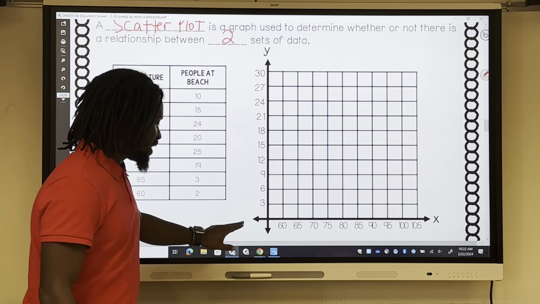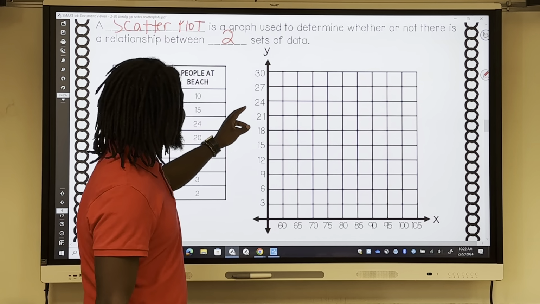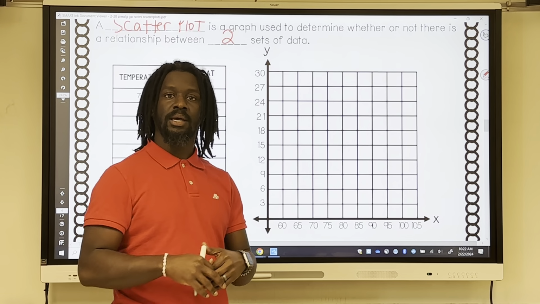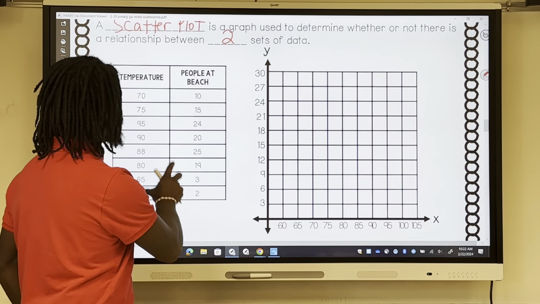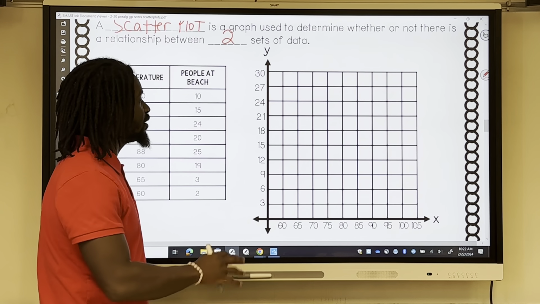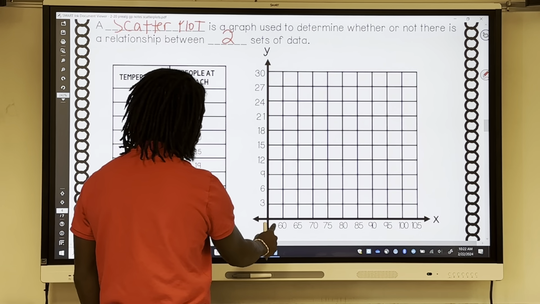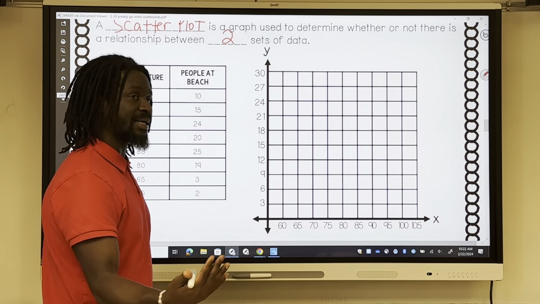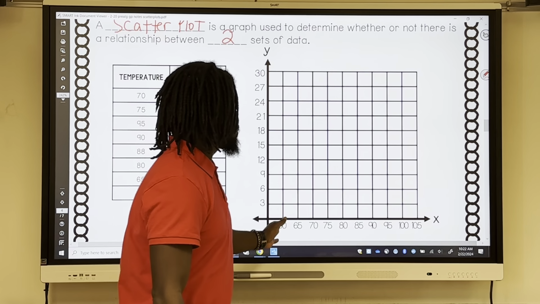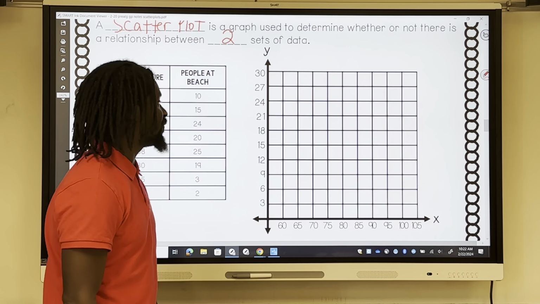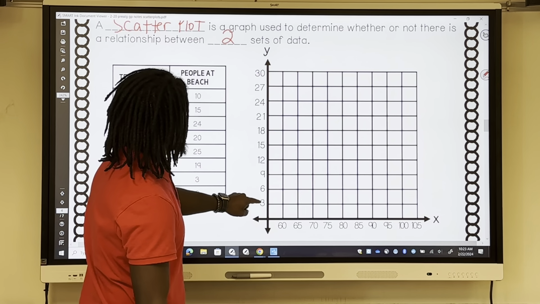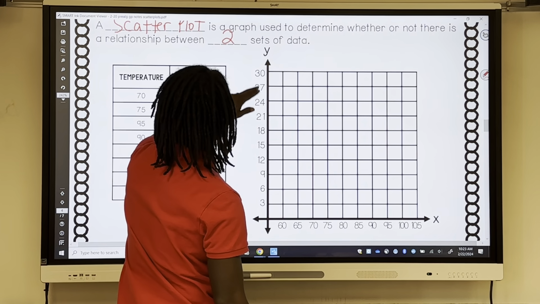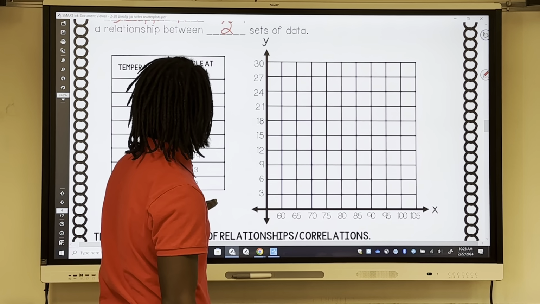And so, if you will, go ahead and label your axes on your coordinate plane because we are going to be graphing the scatter plot on the coordinate plane. So, the x-axis is numbered by fives, starting with 60 all the way to 105, and then the y-axis is the people at the beach, and that is counting by threes.